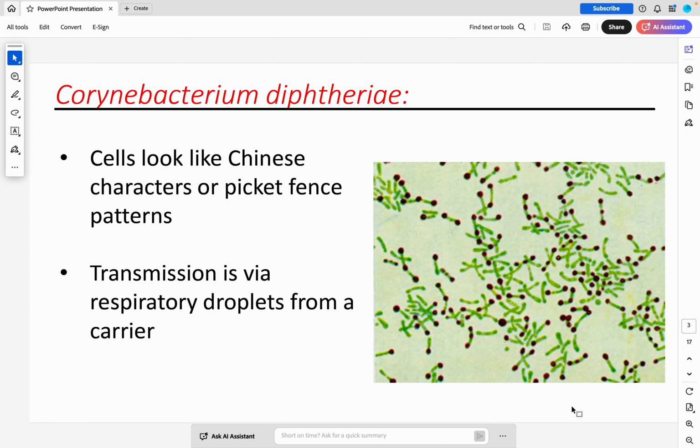The transmission of this bacterial pathogen is primarily via the respiratory route, by respiratory droplets from a carrier, from a host where the reproduction of the species has been extensive.